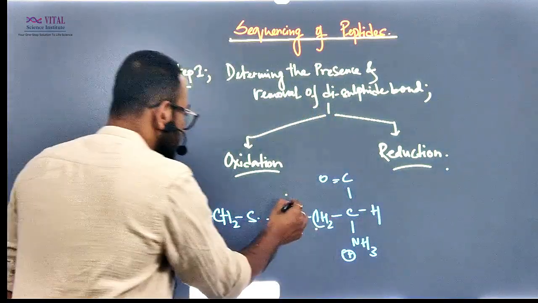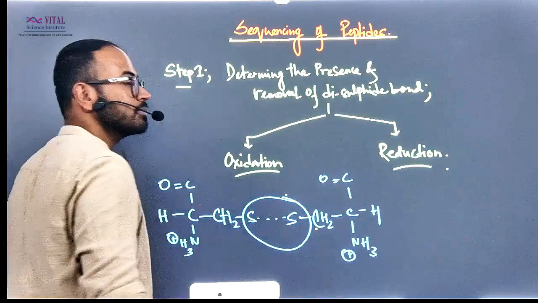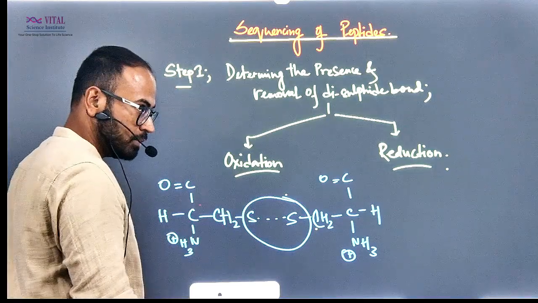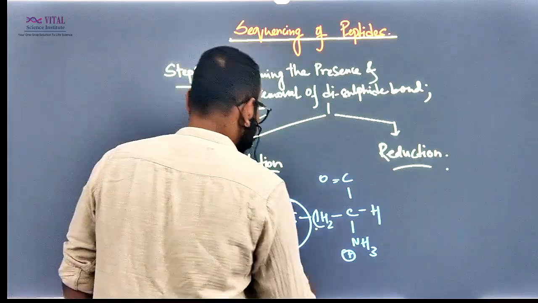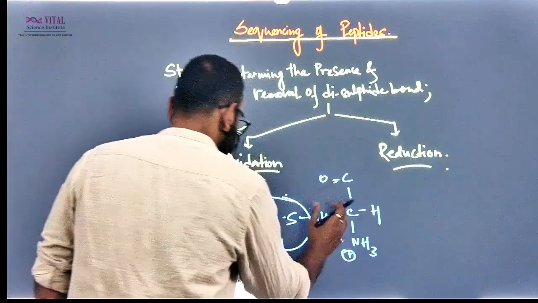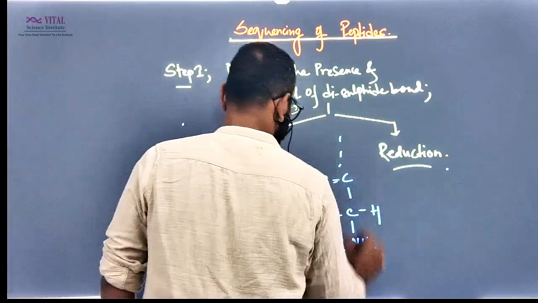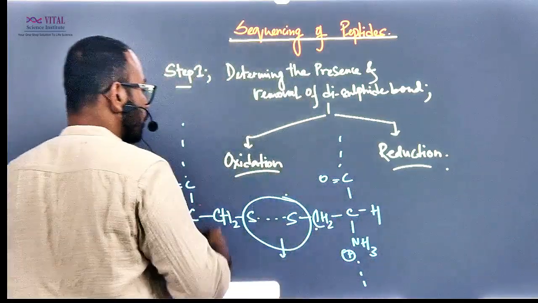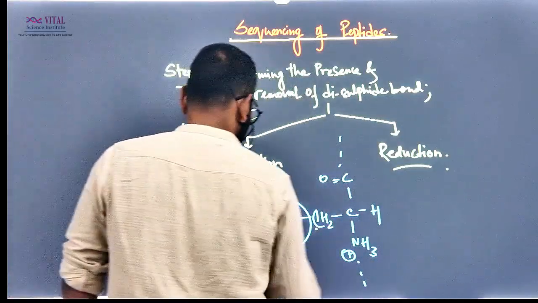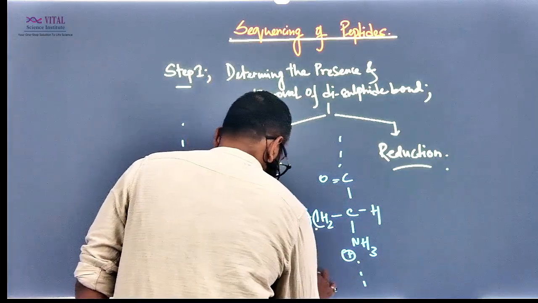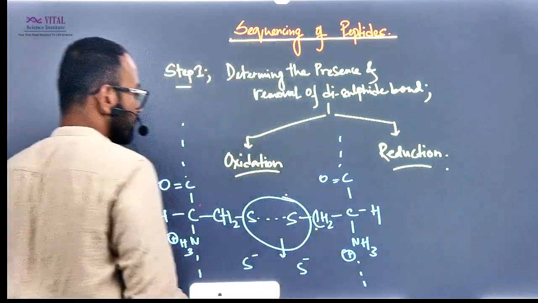So if this disulfide bond needs to be broken by means of oxidation, both these chains will be separated from each other, giving rise to S minus on this side and S minus on this side.